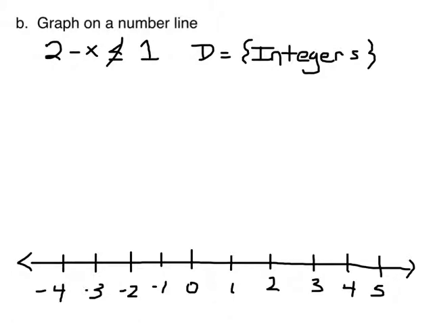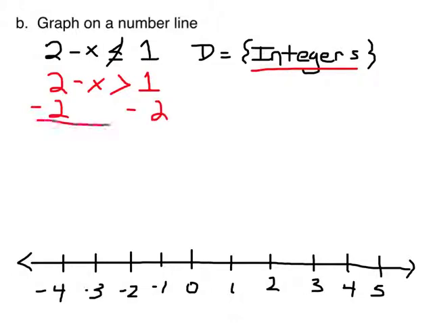This says graph on a number line 2 minus x is not less than or equal to 1. The domain is integers. First of all, we have a negated inequality, so let's turn it around. 2 minus x is greater than 1. Remember the trichotomy axiom? If it is not less than and it's not equal to, then it has to be greater than. We're going to isolate the x by subtracting 2 on both sides, and I have negative x is greater than -1.